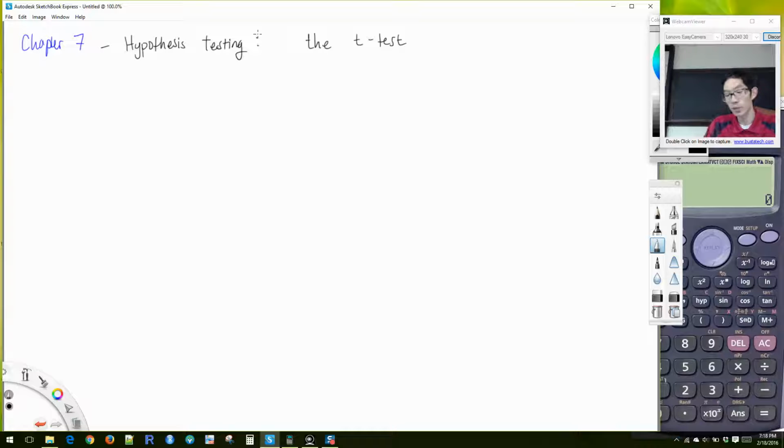Okay, and so in hypothesis testing, we established a few things. A key piece of hypothesis testing is that we have hypotheses. One is called the null hypothesis and the other the alternative hypothesis. The null hypothesis is generally our quote-unquote status quo, nothing interesting.